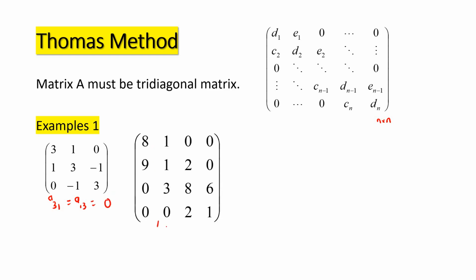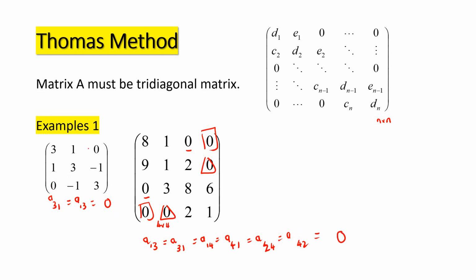For a 4 by 4 system, you notice A13 equal to A31, they are symmetric, and A14 equal to A41, A24 equal to A42.